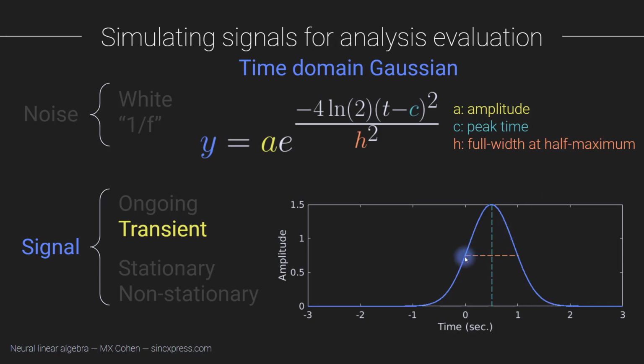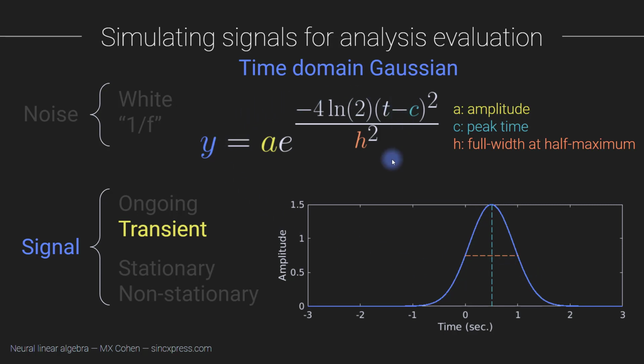And then you go from the half maximum before the peak to the half maximum after the peak, and you see what is the width here. So this looks to me like it's a little bit over a second. So let's say this is 1.1 seconds. So then the full width at half maximum, this parameter h, for this particular Gaussian, would be, let's say, 1.1.